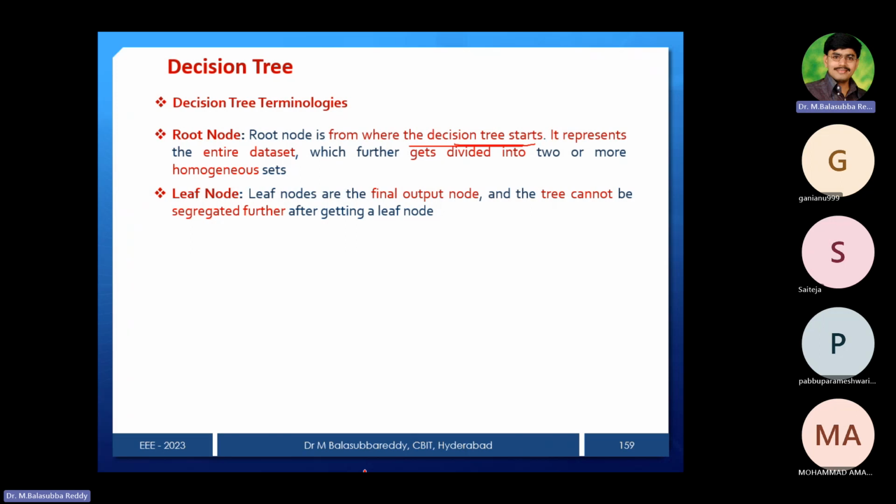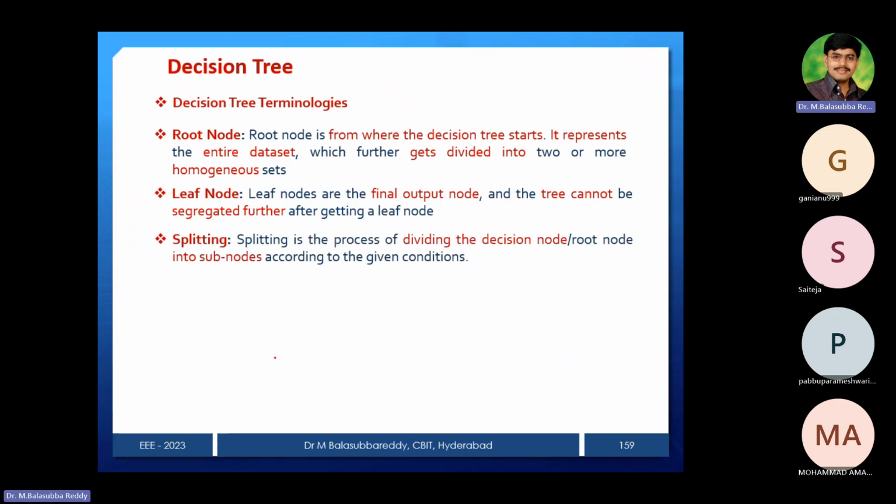These are the two terminologies we must remember. One is the root node, which we call the decision tree starting point, and the leaf node is the ending point. Further, it will not be divided. That is what we call the ending node.